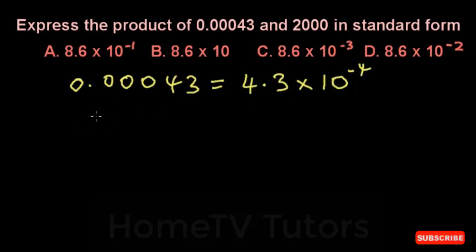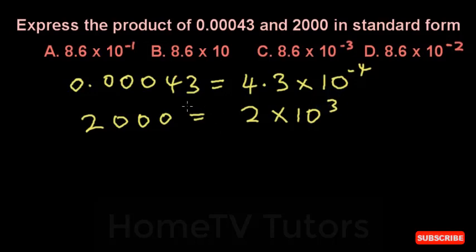Then the second number, 2000, will now be changed to standard form: 2 times 10 raised to the power 3, because we count 1, 2, 3 to add the zeros. When counting to the left, we have a positive exponent, but if we're counting to the right, it is a negative exponent.